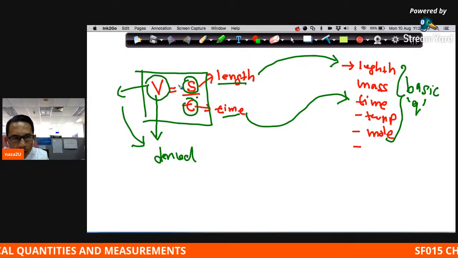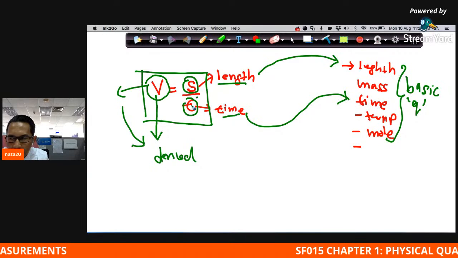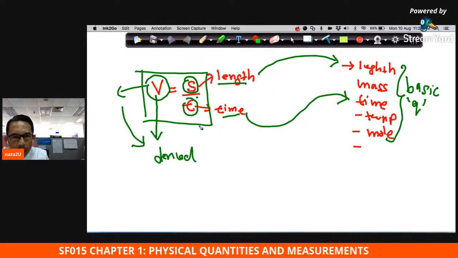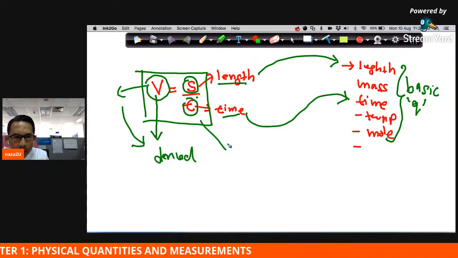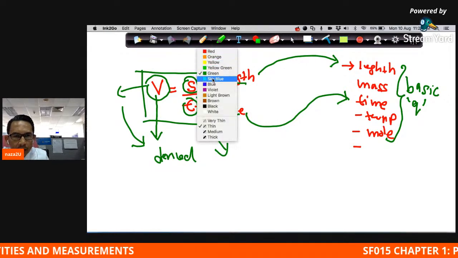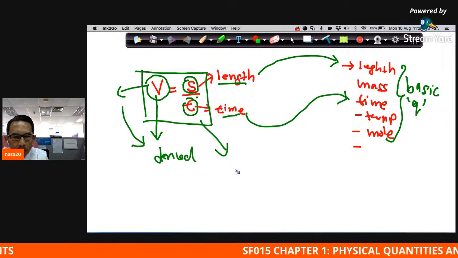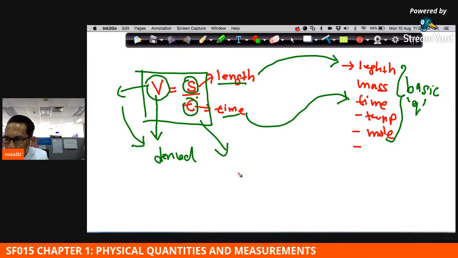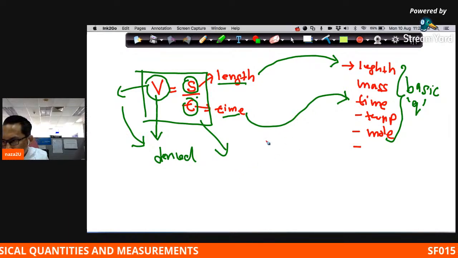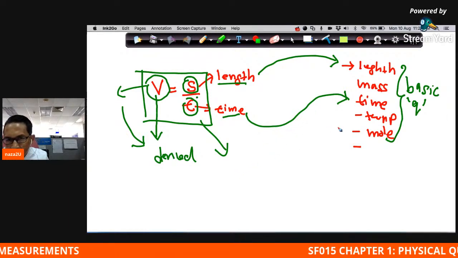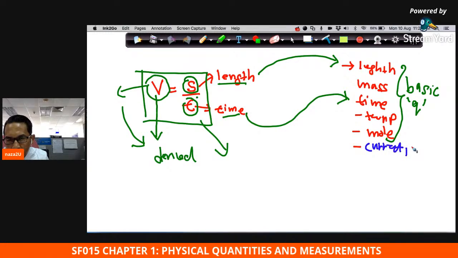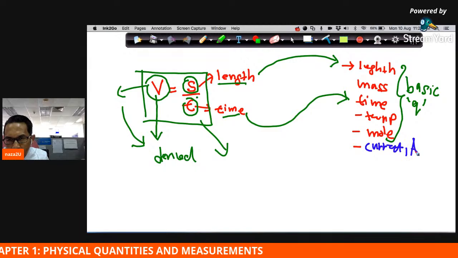So v is s divided by t, right? Next example, let's say we have an equation for the... yes, Aida Nazira said that another is current. Yes, a basic quantity, current. Yeah, for current we have ampere, right?